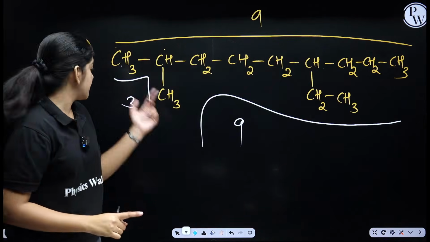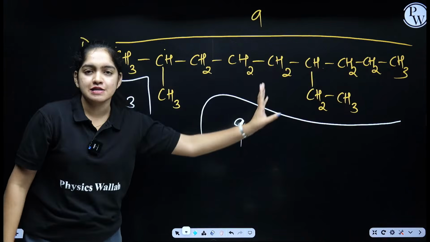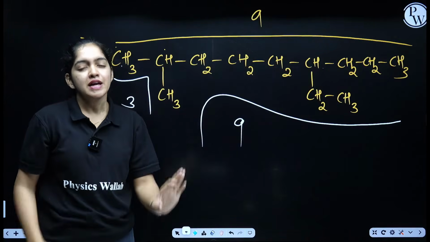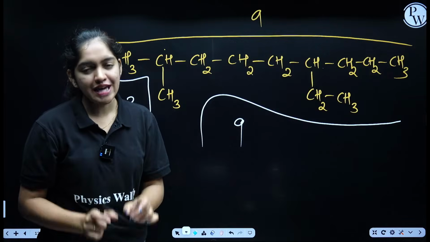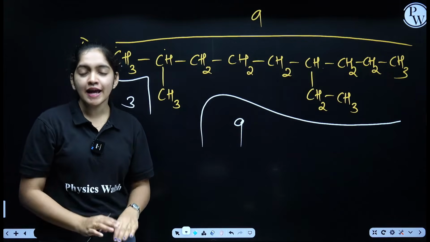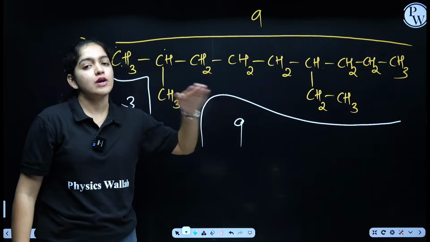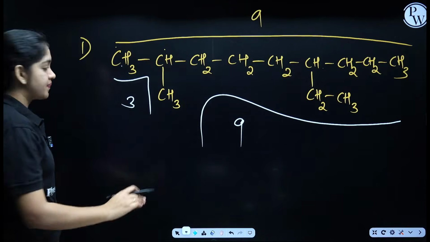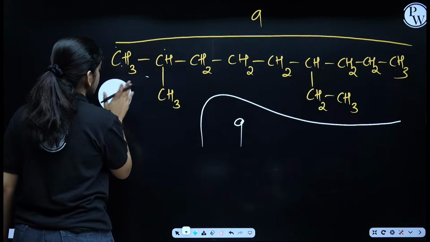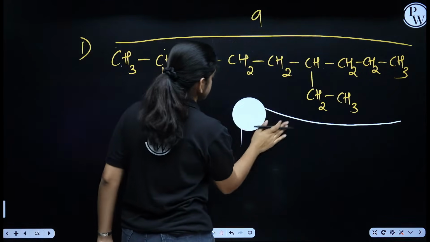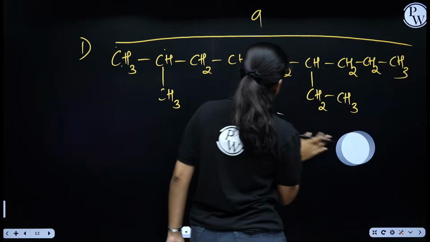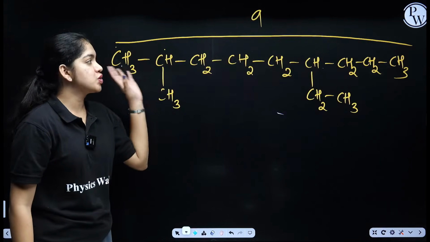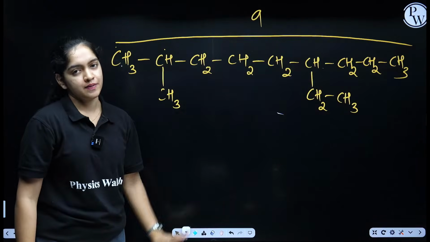We got 9, we got 3, and we got 8 also. So which number we should choose here? The longest chain number we should choose, that is 9. That will be our longest chain, and take it in a straight manner, or like a straight line. Got it? Okay. So that's our straight chain. The first rule is identify the chain. Got it?